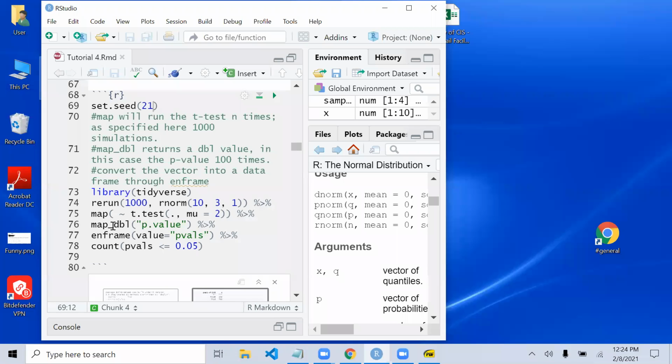Now, enframe is going to pull out those p-values and put them in a data frame. It's going to create a data frame of all these p-values. Why am I doing this? Because I want to count how many times my p-value is less than 0.05, because when my p-value is less than 0.05, I'm going to reject the null hypothesis, right? So this rejection means I'm going to conclude the alternative.